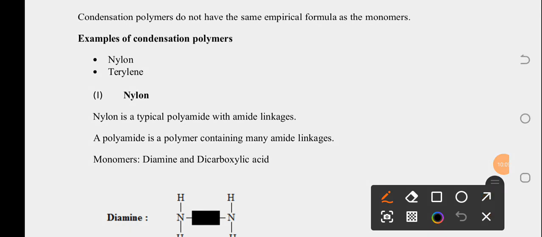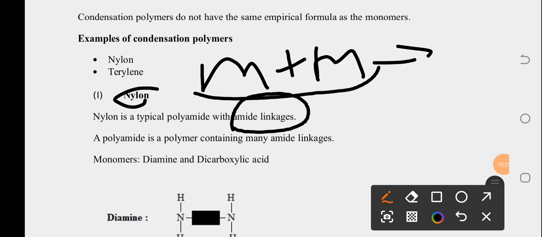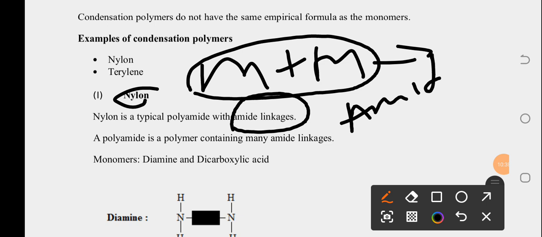When we talk of nylon, we are talking about a polymer which has got an amide linkage. So the point where these two monomers which make up this nylon join up together, that point is called the amide linkage.